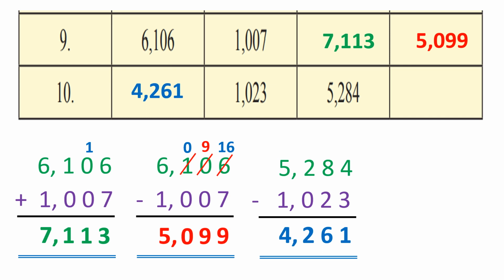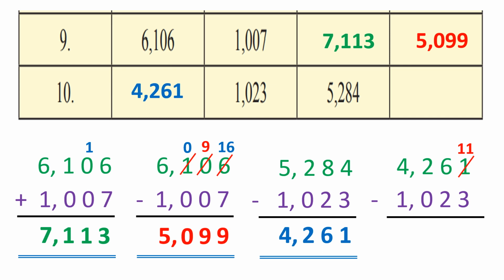4,262. And then for the difference, you subtract the first number 4,262 minus the second number 1,023. 2 minus 3, no, you borrow, it becomes 12. 12 minus 3 is 9. 6 here becomes 5. 5 minus 2 is 3. 2 minus 0 is 2. 4 minus 1 is 3.